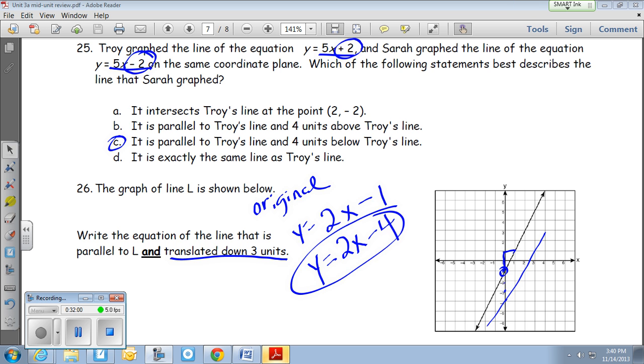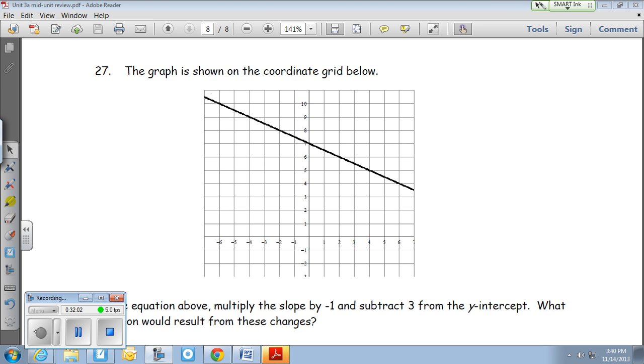All right, number 27. The graph is shown in this coordinate plane. I know that the equation is y equals, this is a negative, so I'm going down 1 over 2. Negative 1 half x plus 7. And they're saying in the question down at the bottom here, in the equation, multiply the slope by a negative 1 and subtract 3 from the y-intercept.